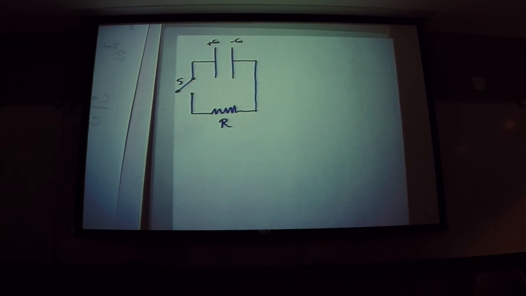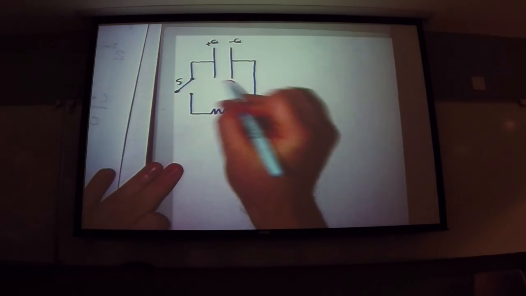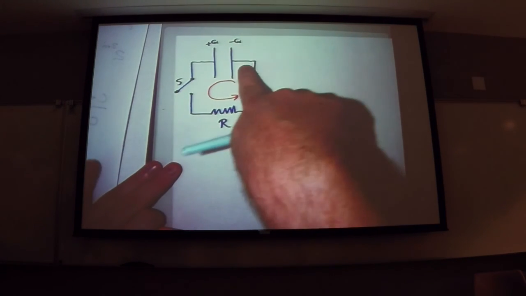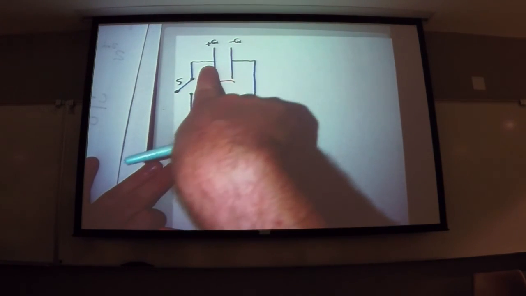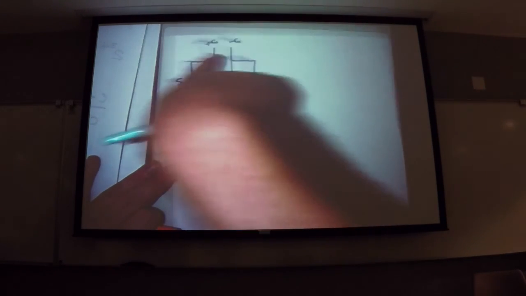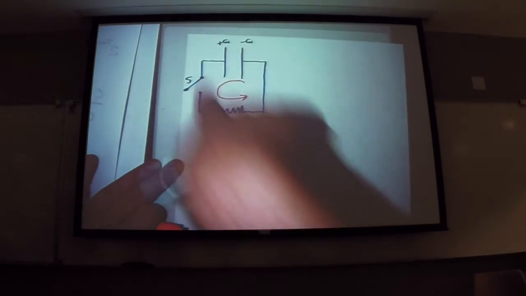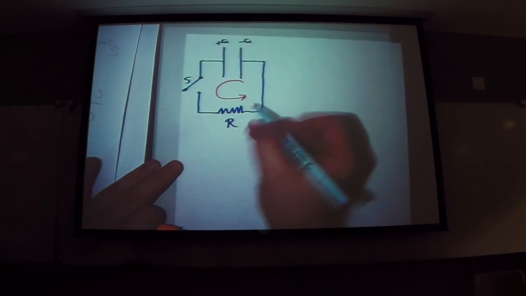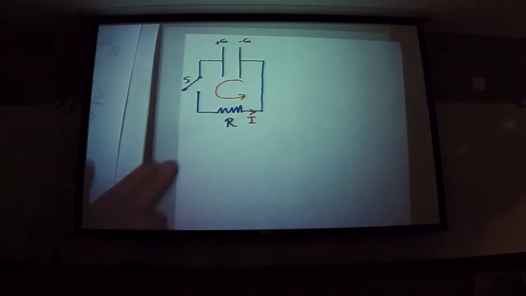Now in this case it's a little different because I would have to draw my loop equation like so. So I can go from the negative side of the capacitor to the positive side. Once I close this switch, the positive side charges are going to flow around this way back to the negative side. So the current is going to be flowing through this.